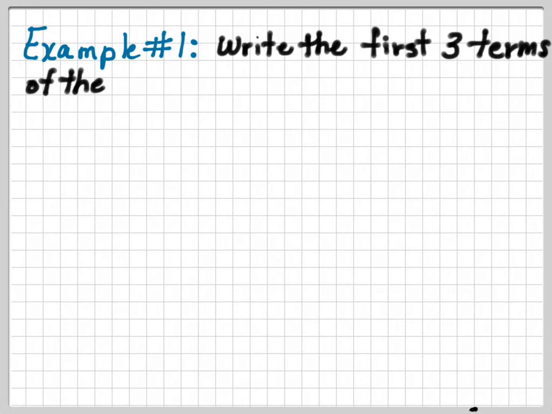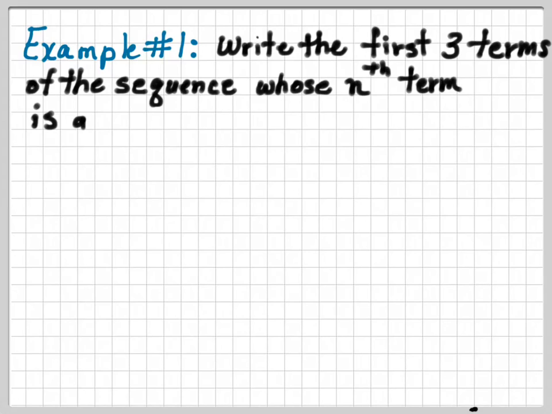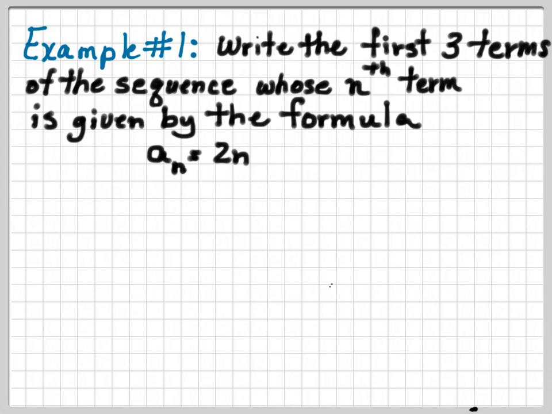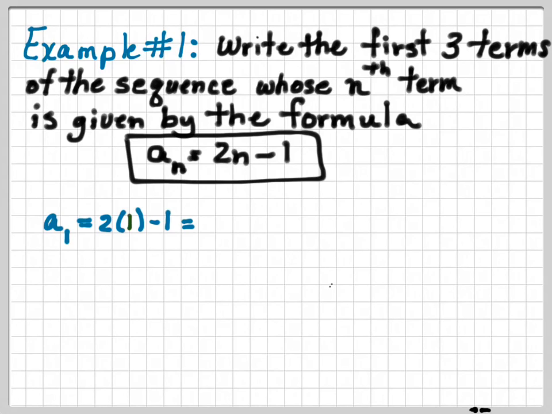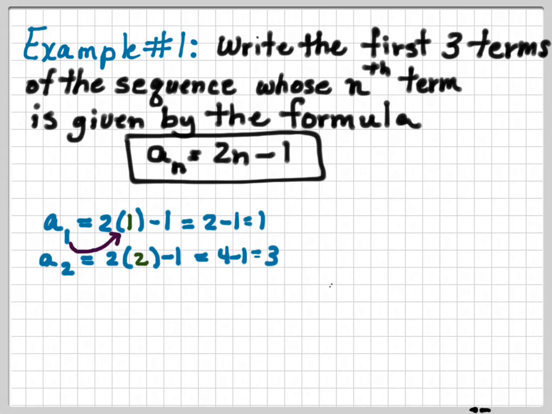Okay, an example: write the first 3 terms of the sequence whose nth term is given by the formula a sub n equals 2n minus 1. So we want the first 3 terms. The first term would be 2 times 1 minus 1, and that's 1. Notice that I'm substituting 1 for n. 2 times 2 minus 1 gives us 4 minus 1 gives us 3.